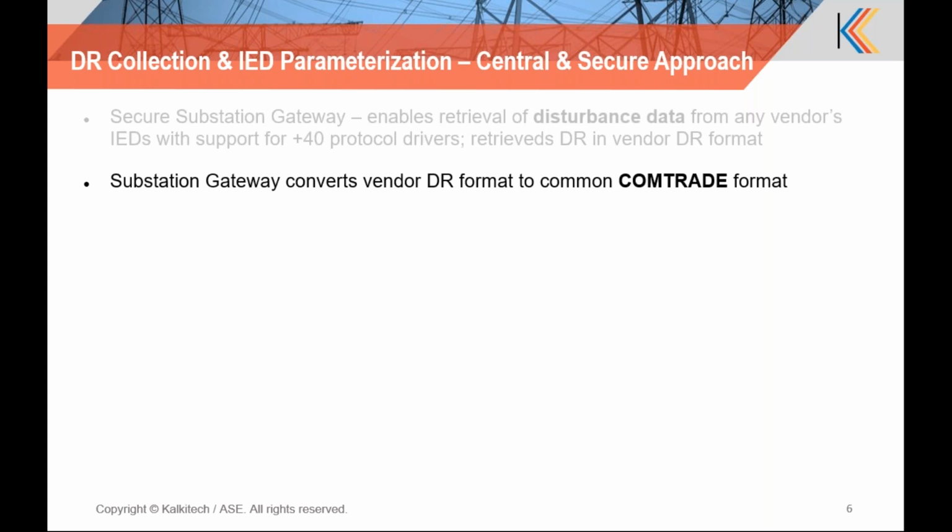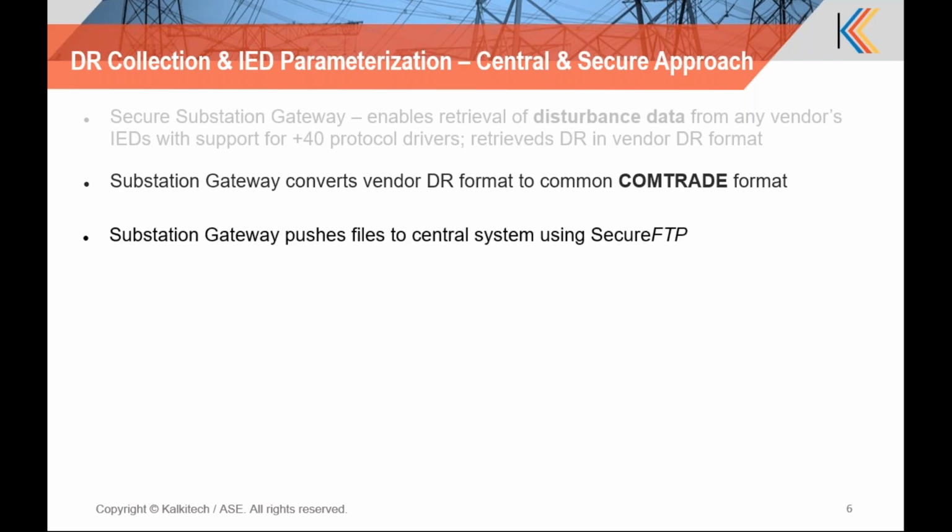Then this gateway converts this custom DR format to a common format, the COMTRADE format, and its file representation and naming convention are supported as per the standard. Then whenever a new COMTRADE file is available, we use a secure FTP tunnel over TLS 1.2 and push it to the central system using the configured hierarchical folder structure, depending upon the utility requirement.